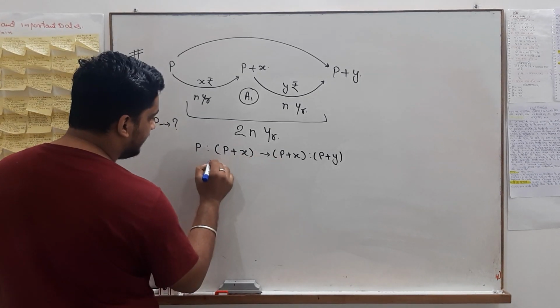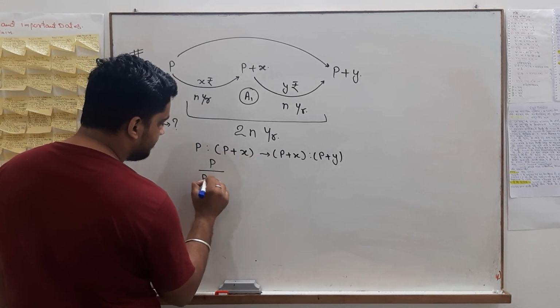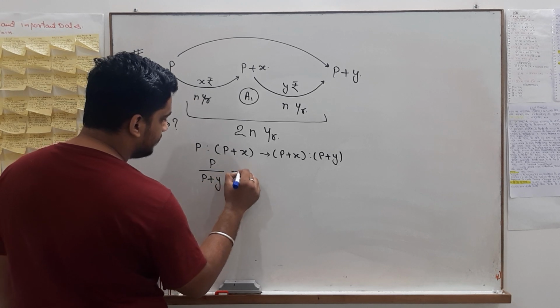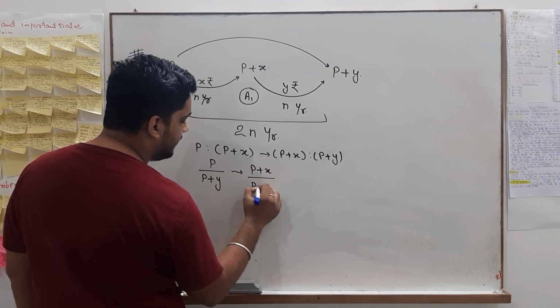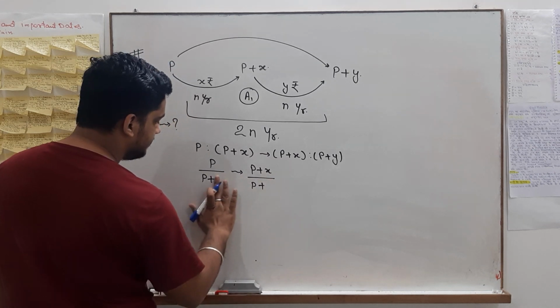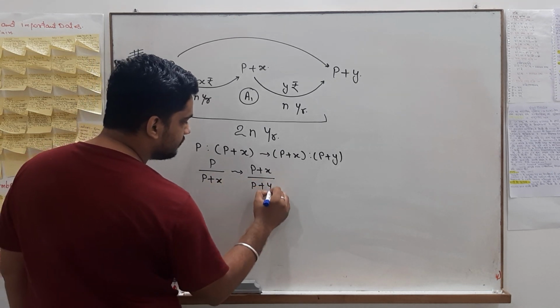So we can write it as P upon P plus X equals P plus X upon P plus Y.